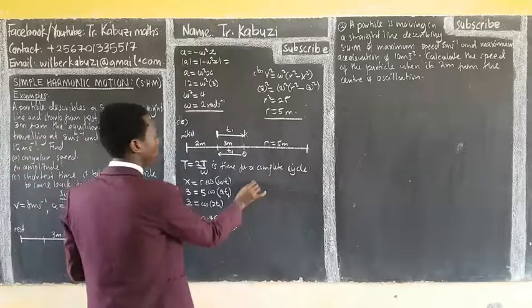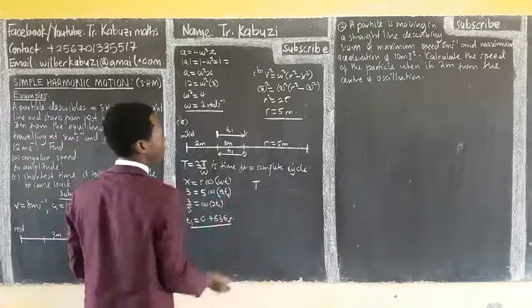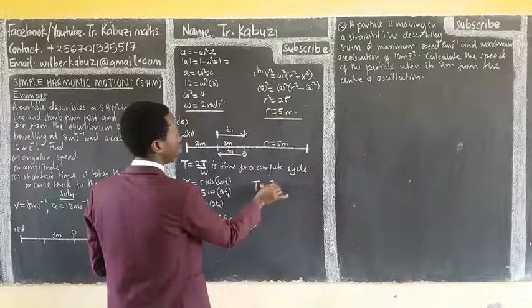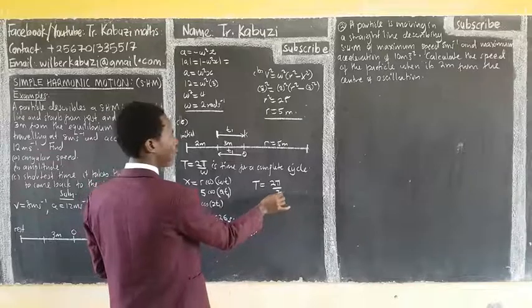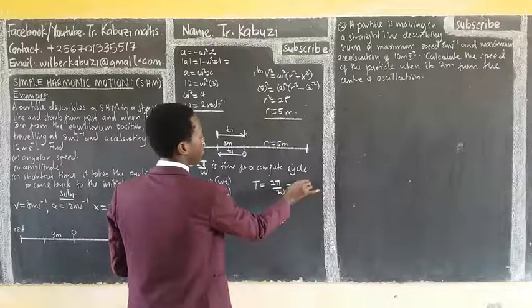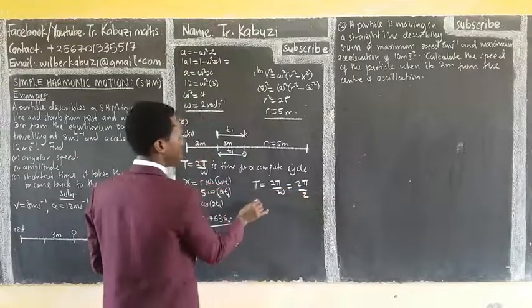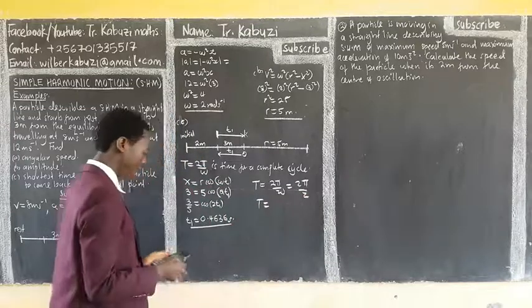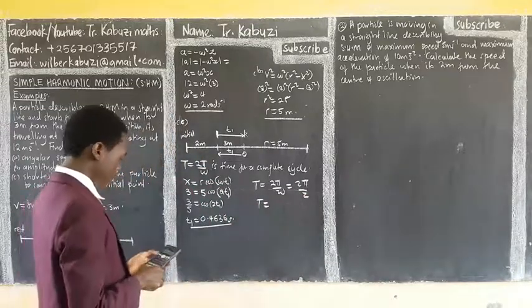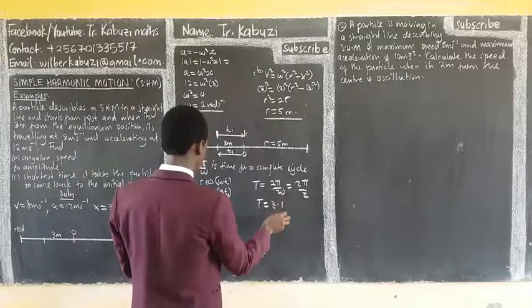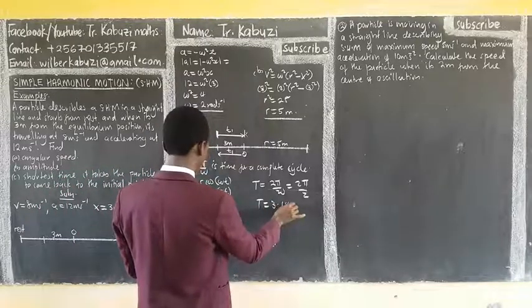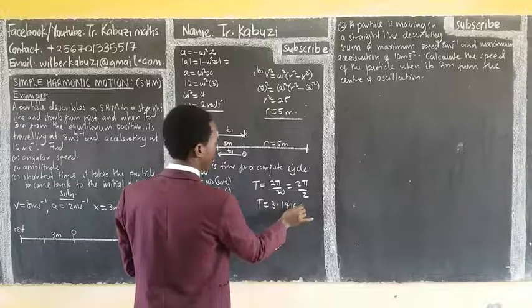Now, the time for the complete cycle, we said it's going to be 2 pi over 2. And so from there, my pi is 3.1416 seconds.